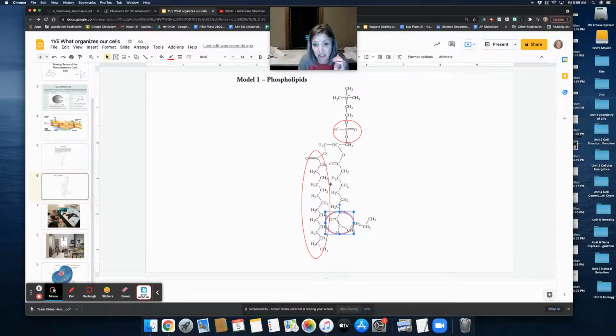And with structures like this, if they all look the same, these little hanging down parts all look the same, they can fit nicely together. They can stack. And when they stack, they can become really close to each other. And this part here gives it some fluidity. So your membrane has some fluidity. In fact, it's called the fluid mosaic model of the cell membrane.